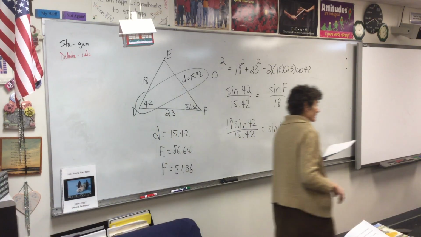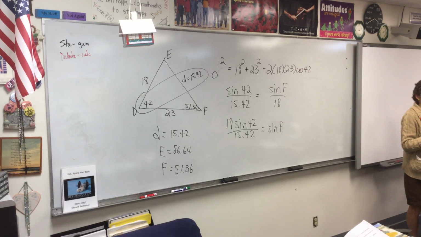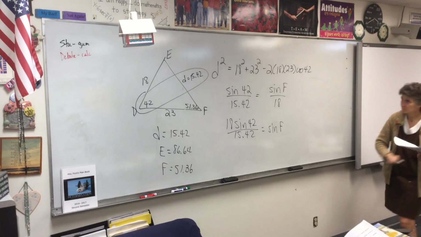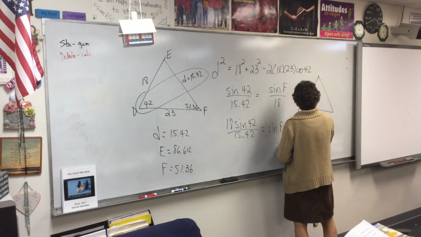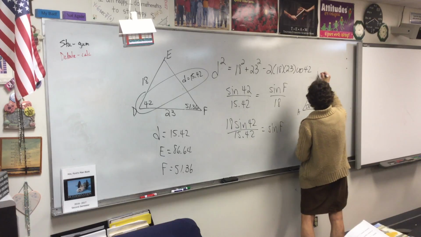You ready to start the next part? All right, the next part is one of these, how many triangles are possible? What are our possible answers? 1, 2, or 0. So here we go. How many triangles are possible?